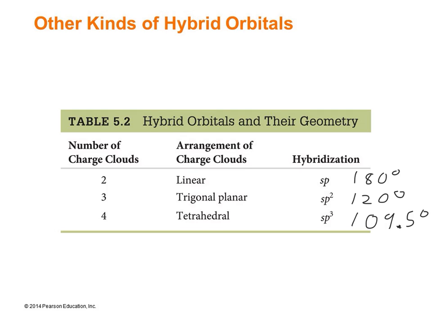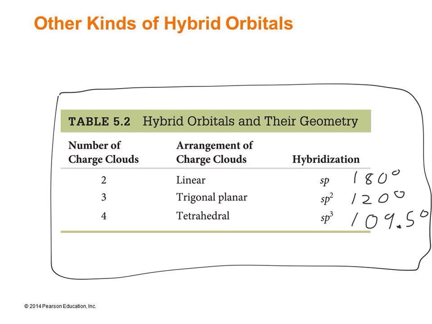Oh, that would be an FM frequency. On your FM dial. So, you're responsible for knowing all this. And we're going to look at this again in the context of molecular shapes, because these hybrid orbitals, and how they are arranged around the carbon and around your central atom, are going to lead to molecular shape.